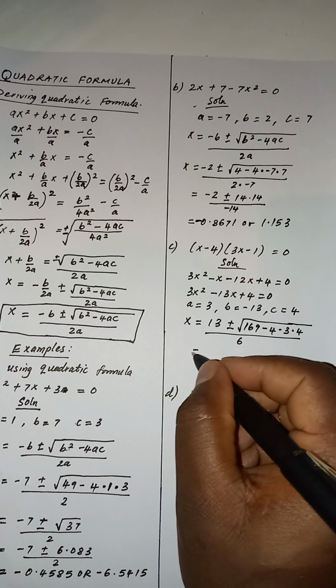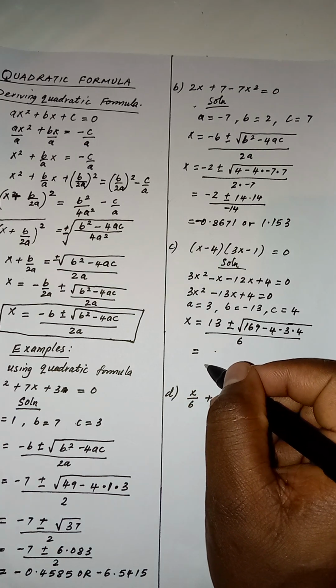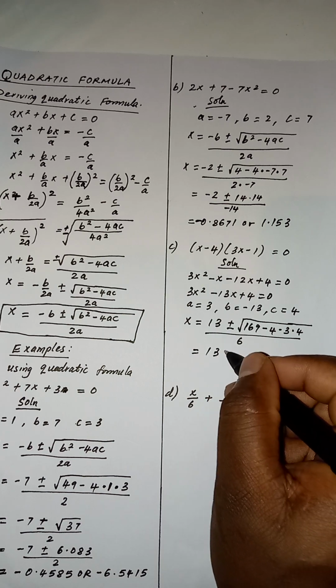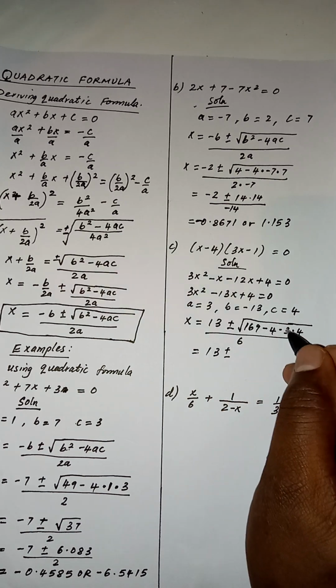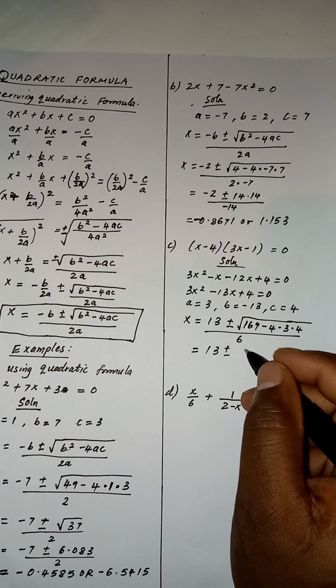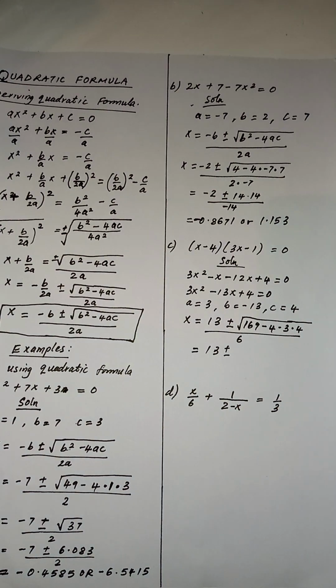So this will give us 13 plus or minus, when we simplify what is in the brackets, 169 minus this will give us 121.